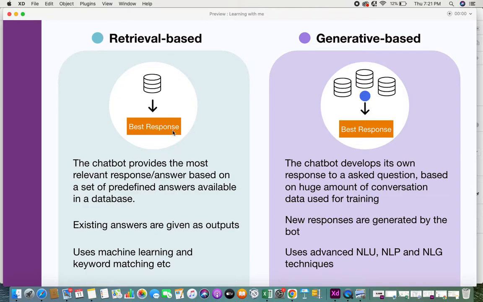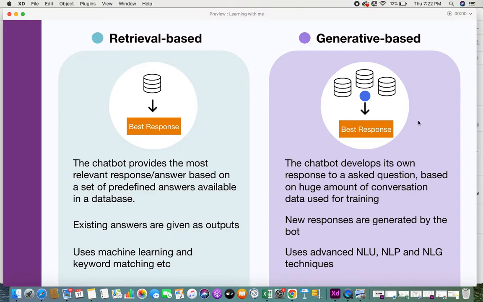Whenever the bot encounters a particular question, it will process that question. I'll come to that later. But once the bot has processed that question, it will compare it and see what is the right answer for that question in the database, and based on that the bot will retrieve the right answer that's mapped to the question and give it back to the user. So this is an example of retrieval based.